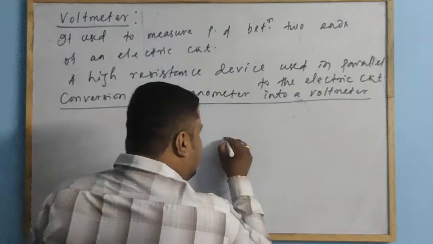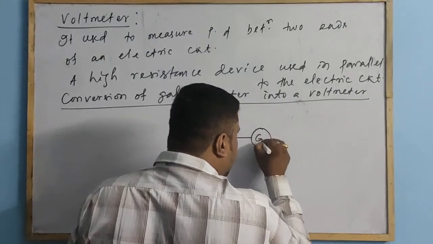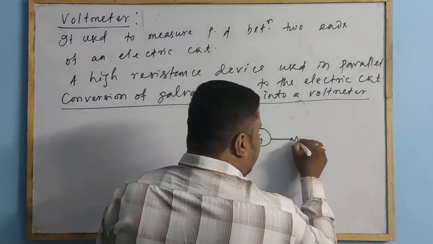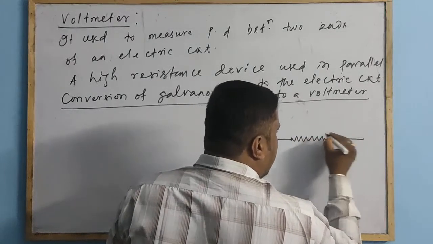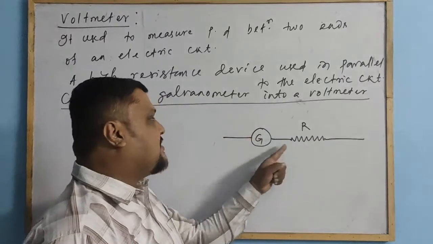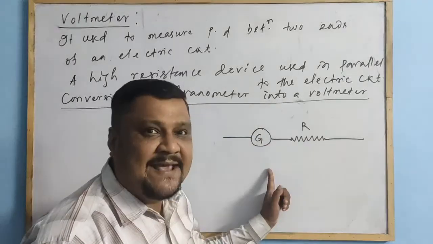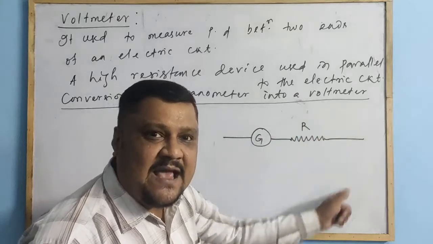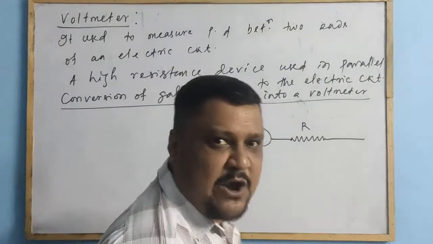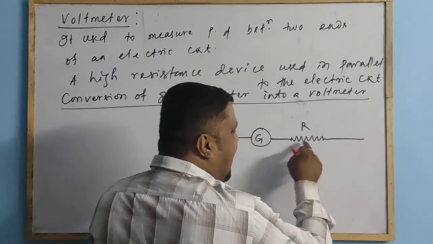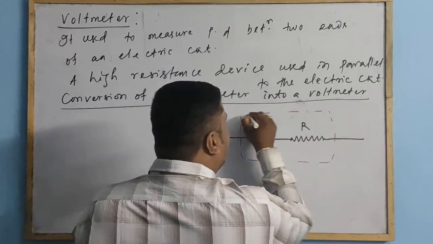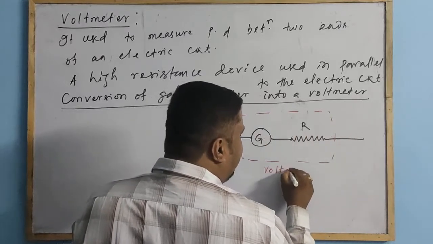There is a galvanometer of resistance G and a resistance R, a very high resistance, connected in series, because we want to make this a high resistance device. This combination of galvanometer and a high resistance in series is a voltmeter.